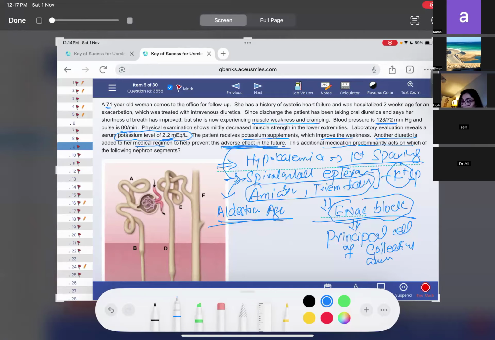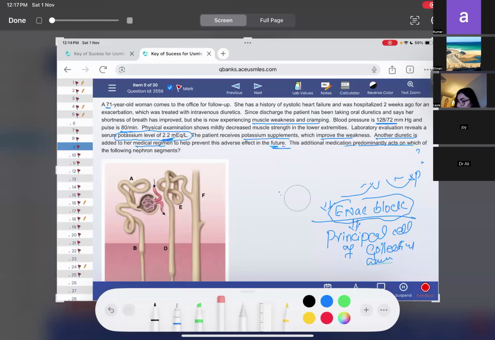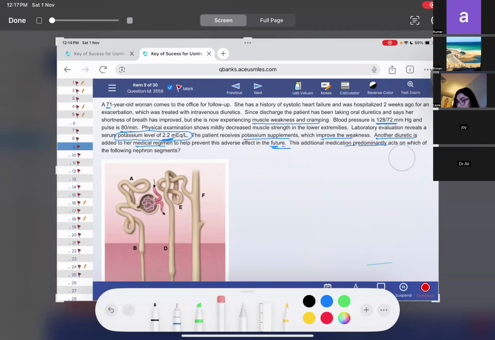So in the nephron, which portion is the collecting duct? Can anybody tell me? The collecting duct is going to be F. Excellent. So let me discuss these options one by one.